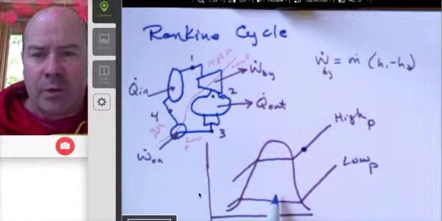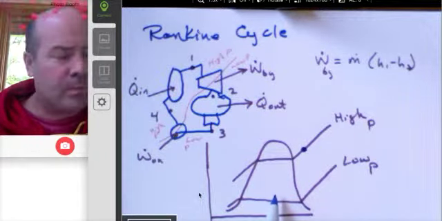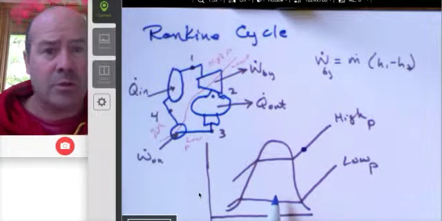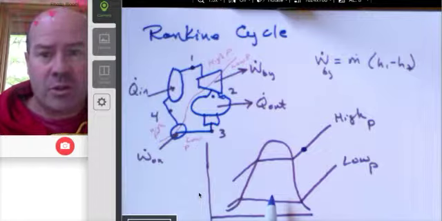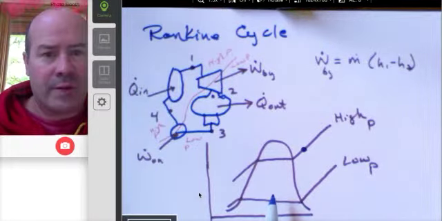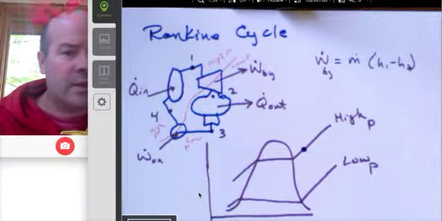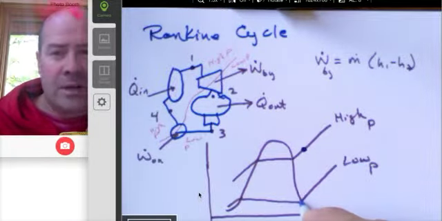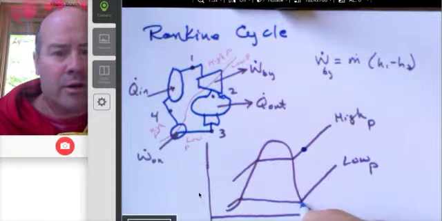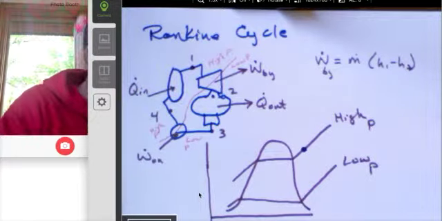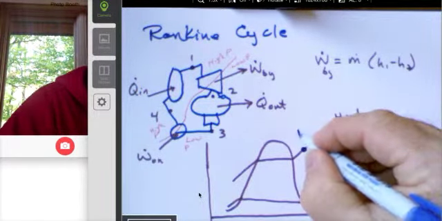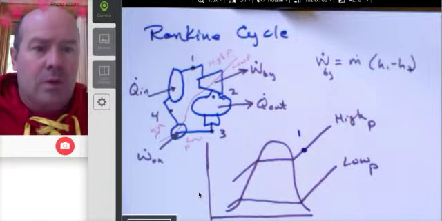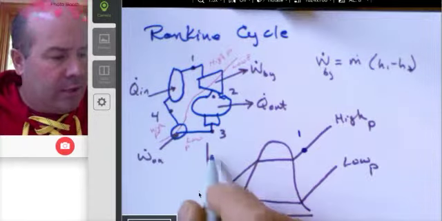When you're in the vapor dome, you get these little droplets of water, and little droplets of water traveling at very high speeds in a turbine cause damage to the turbine, vibrations, all sorts of bad stuff. So you want the exit of the turbine to be at best just way down here in the far end of the vapor dome. So point 1 is a superheated vapor. We would use the superheated vapor tables. We would be given the pressure and some temperature.